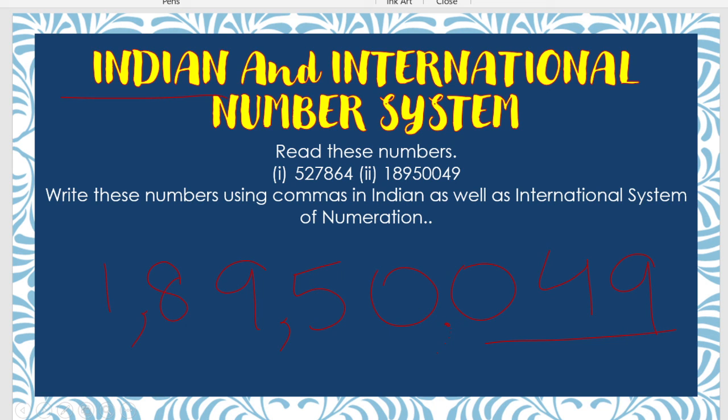This is the place of thousands. This is the period of 1000. This is the period of 10,000. Sorry, this is the period of 100. I'm mistaken, this is the period of 100. This is the period of thousands. And this is the period of lakh.